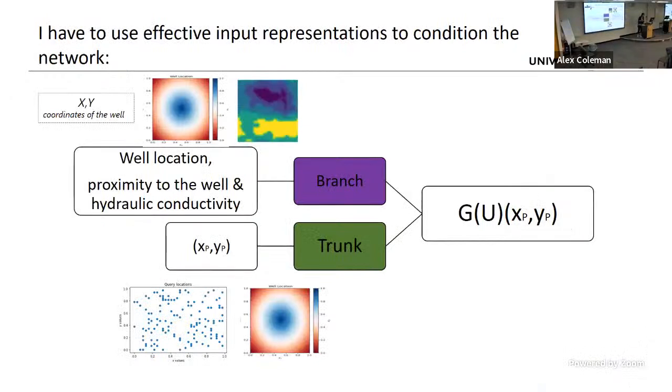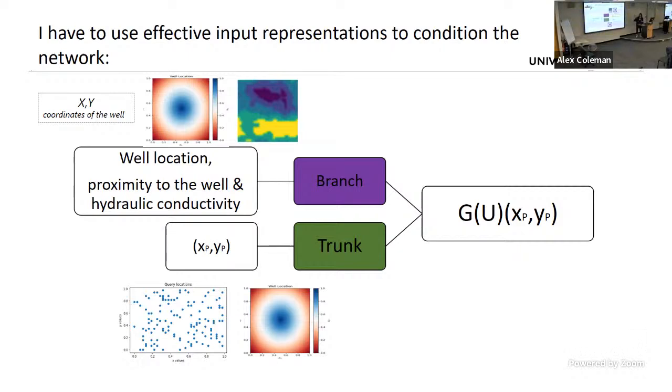So eventually, after a lot of trial and error, I got to this current setup, which is the one that works. At the beginning, I was giving a binary image where 1 is the location of the well and 0 everywhere else. I need to give a smoother image.